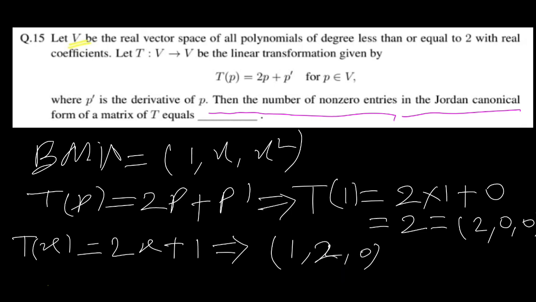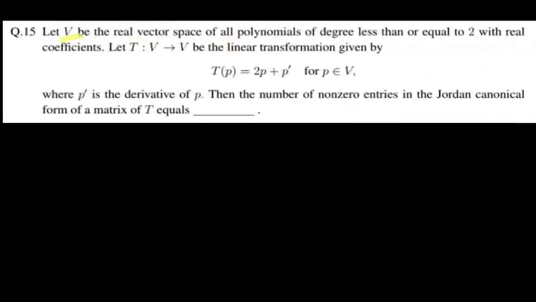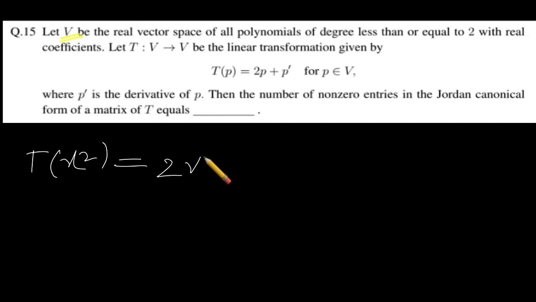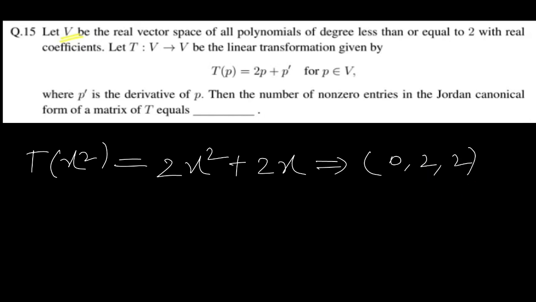Now Tx square is equal to 2x square plus p dash, which is 2x. Then the coordinates of this are 0, 2 and 2. Then for the matrix representation, the coordinates should be written in the columns of the matrix.